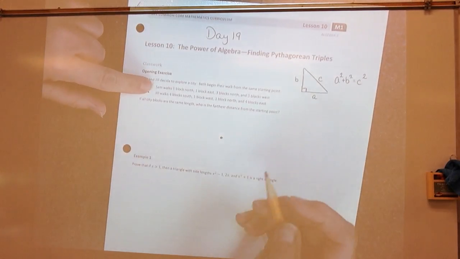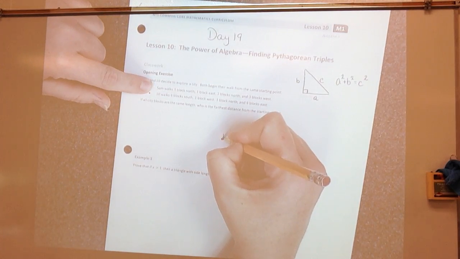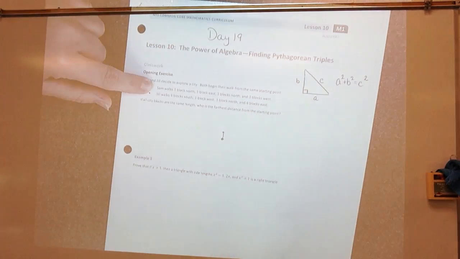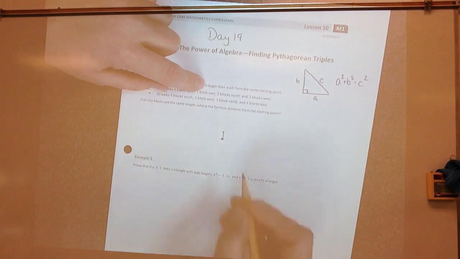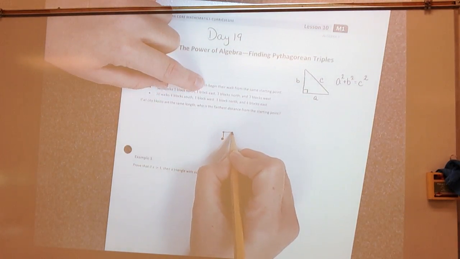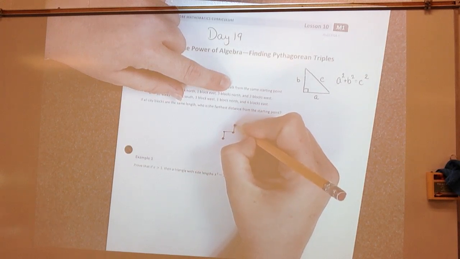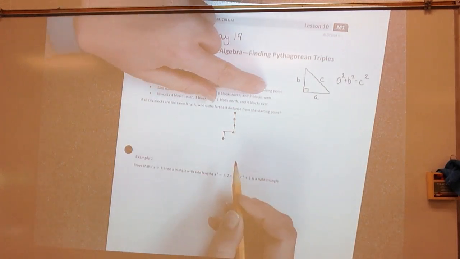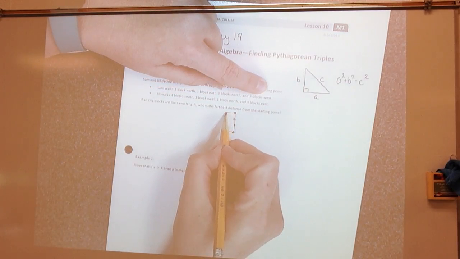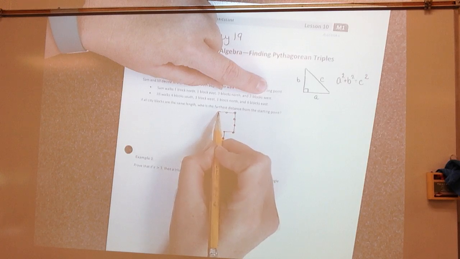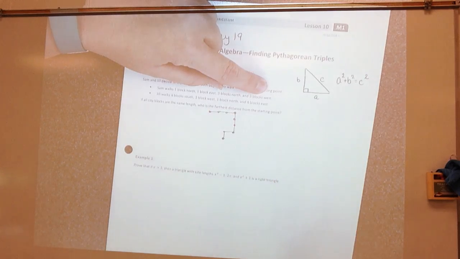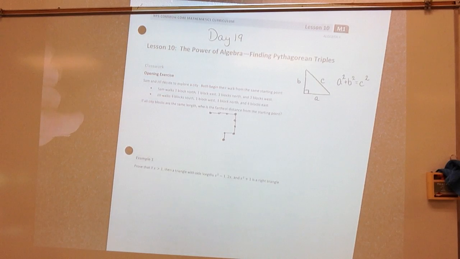Sam walks 1 block north, 1 block east, 3 blocks north, and 3 blocks west. All right, so this is where Sam stops.